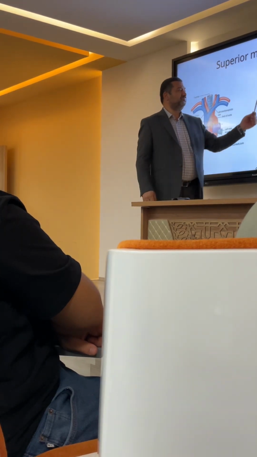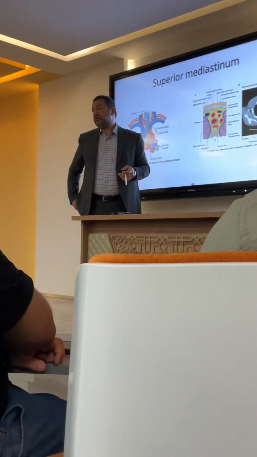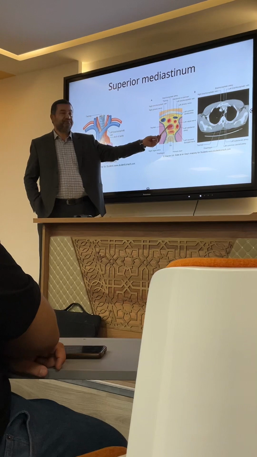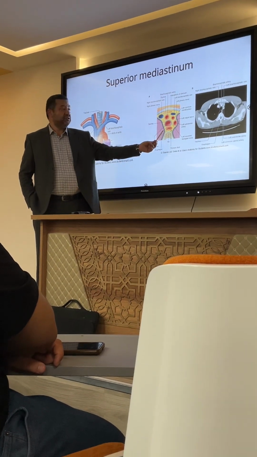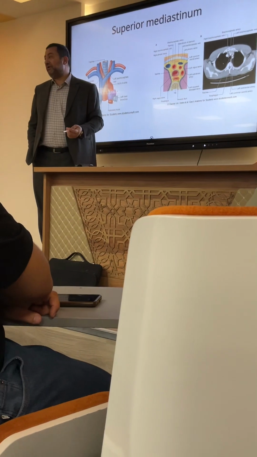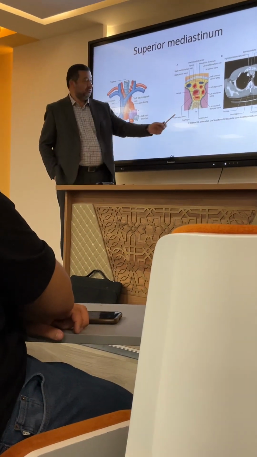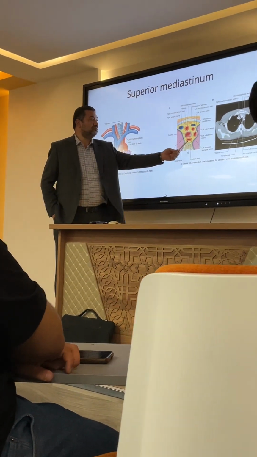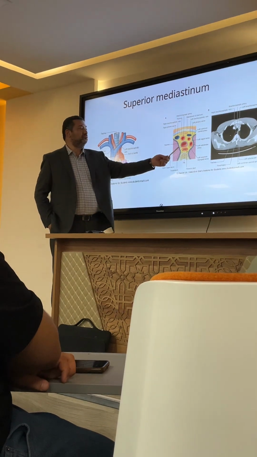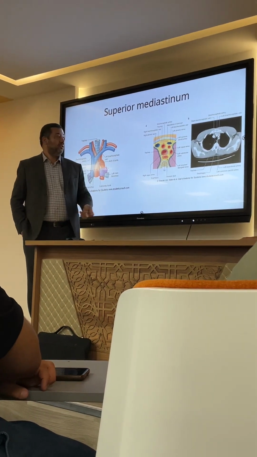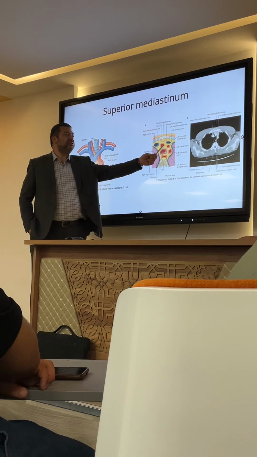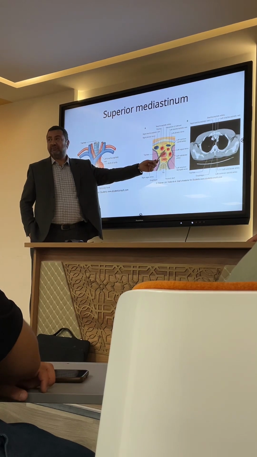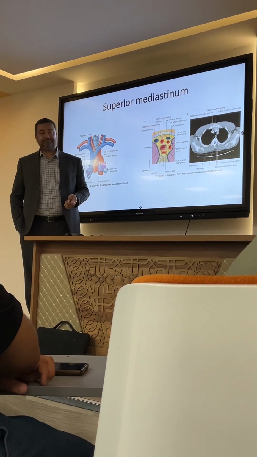In this cross section, you see some structures in the superior mediastinum. This is the trachea, and this is the esophagus. The esophagus is anterior to the vertebral bodies. Posterior to the esophagus, there is the thoracic duct, and anterior to the esophagus, there is the trachea. These are branches of the arch of the aorta: brachiocephalic trunk, left common carotid, left subclavian artery.